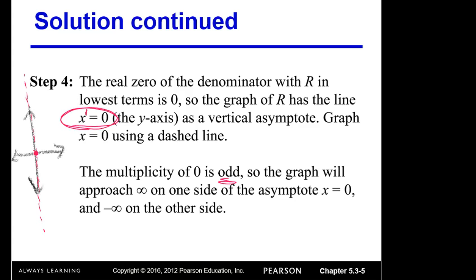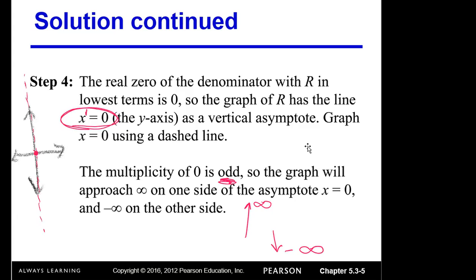Now, when it comes to the asymptotes, this is where it's a little different. If it's odd, then if you think about it, one end will be up and the other end will be down. So one side will be approaching positive infinity and the other side will be approaching negative infinity towards the asymptote, if it's odd.